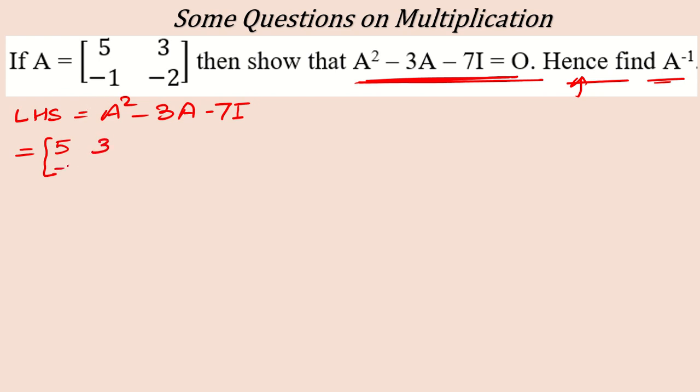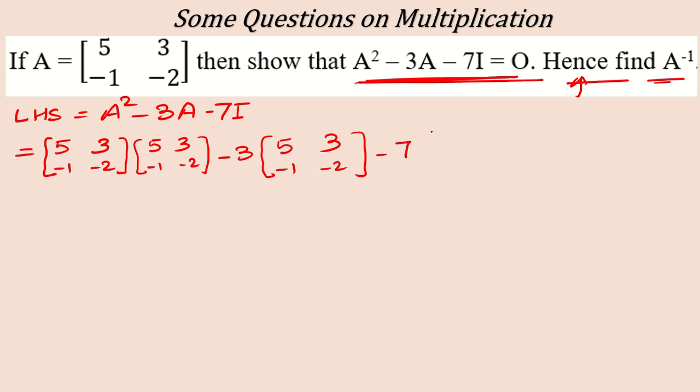So 5 3 minus 1 minus 2, again 5 3 minus 1 minus 2, then minus 3A. So 3 times 5 3 minus 1 minus 2, and then minus 7I. I means identity matrix, if you remember, 1 0 0 1.